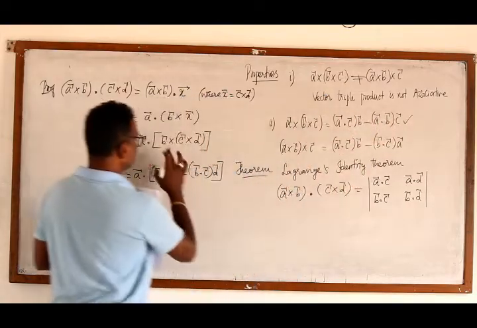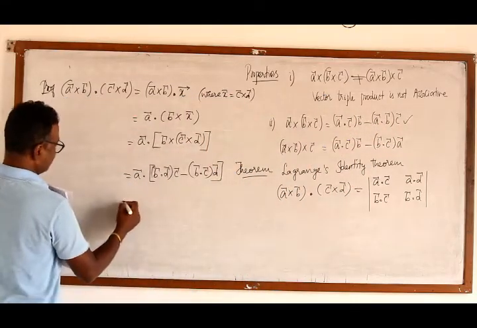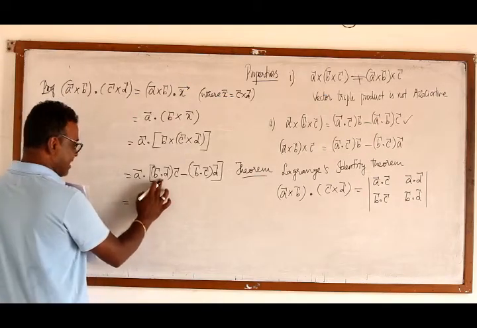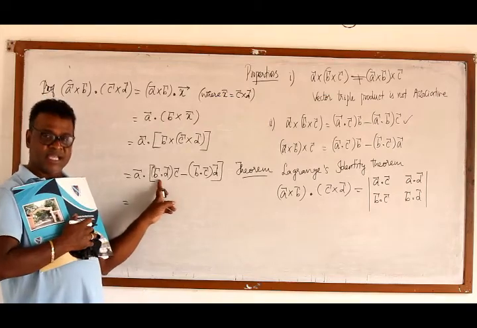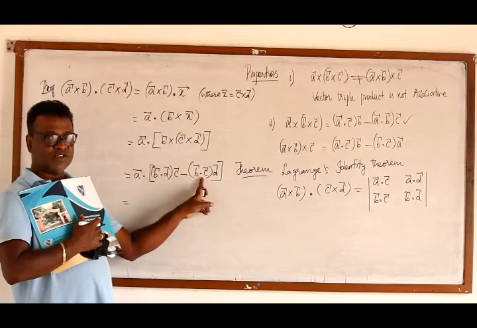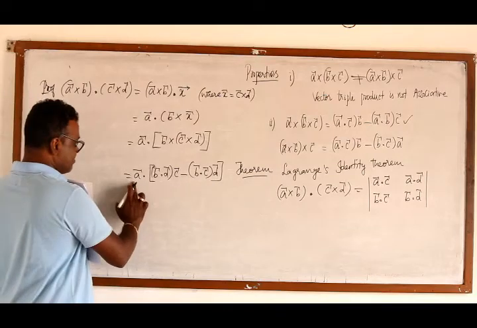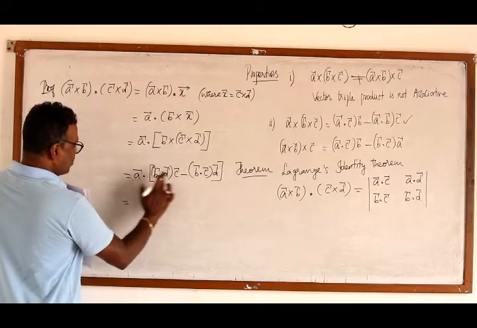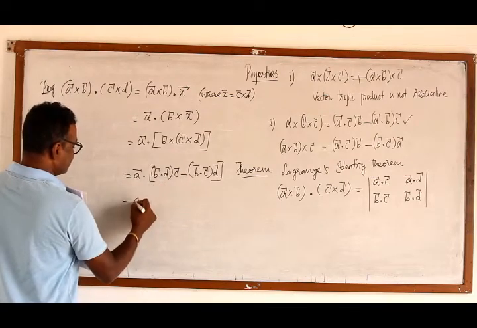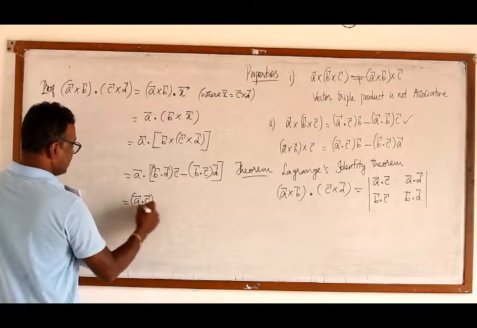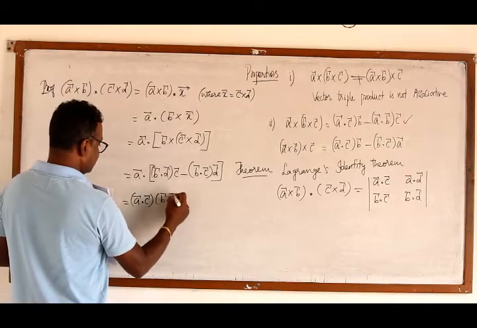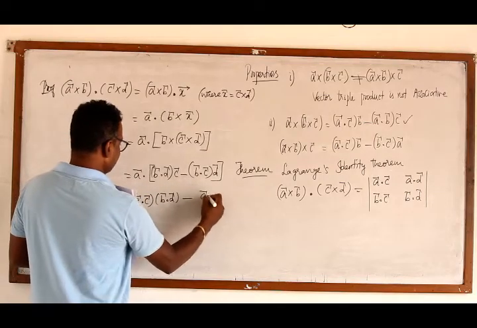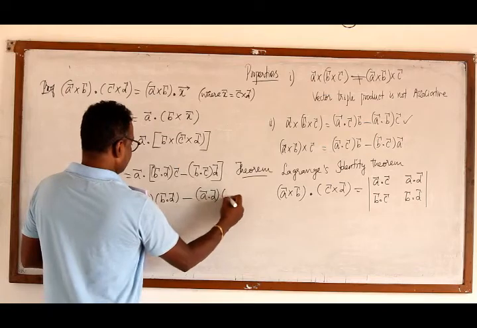Now B dot D is a scalar, and similarly B dot C is also a scalar. I cannot multiply a vector with a scalar, so I can multiply the vector only with a vector. Here only C is the vector, so it is (A dot C) into (B dot D). Similarly, minus, A will be multiplied only with D, so (A dot D) into (B dot C).